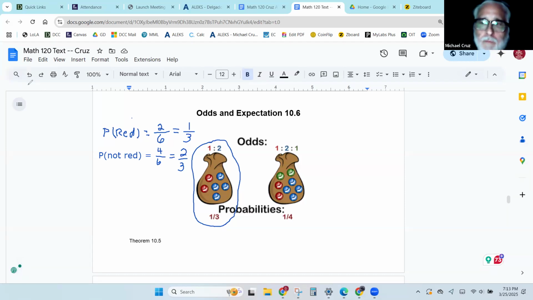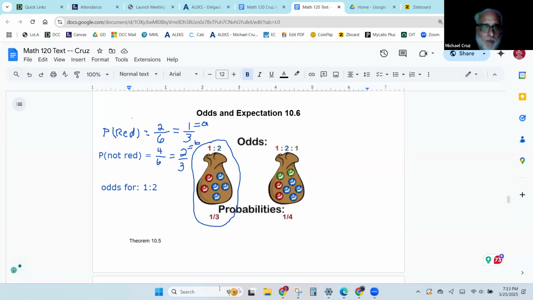So this number up here in the probability of success is called A, and here we call that B because it's the numerator of not our event, not red. So odds in favor, or odds for, is 1 to 2.